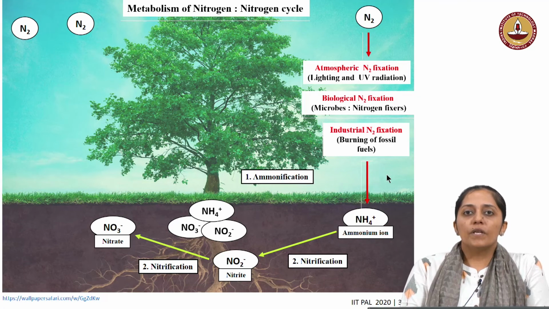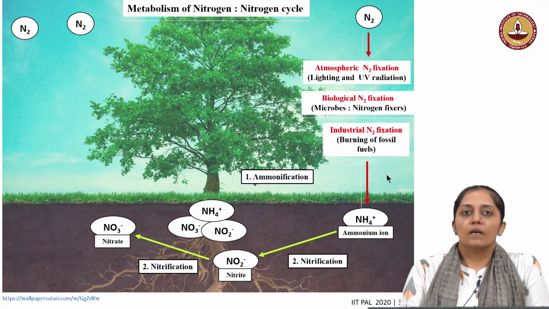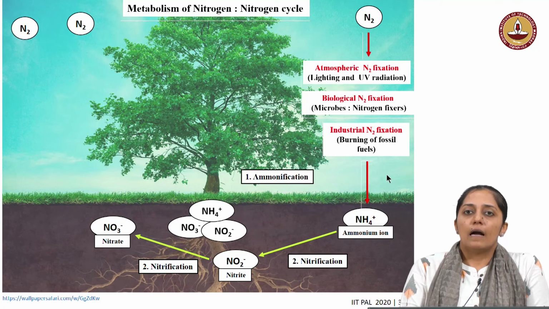Now, the ammonium ion is further converted through the process of nitrification to nitrite ions and to nitrate ions. And then the plant root system can readily absorb the ammonium, the nitrite and the nitrate form of nitrogen.